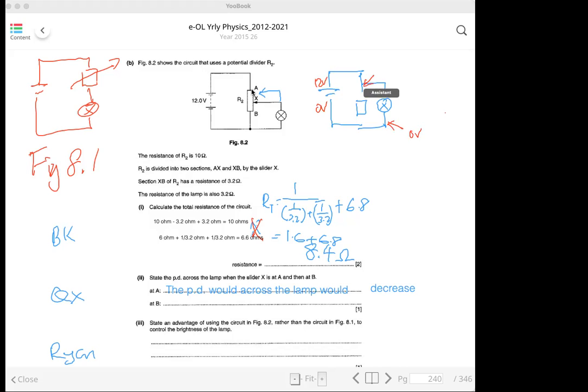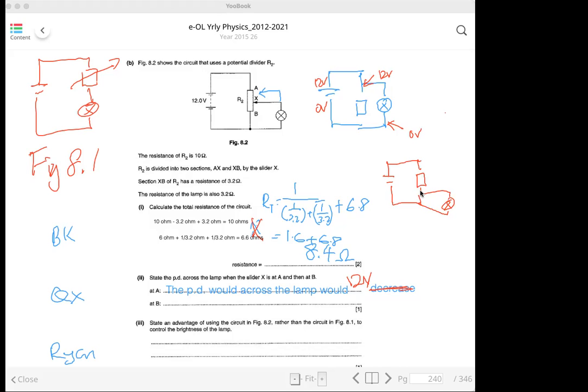The top point here is 12 volt. Therefore, it will become 12 volt. Is that clear? Now, what happens when I slide until the bottom? Can you see this? When you slide to B, it'll be like this.